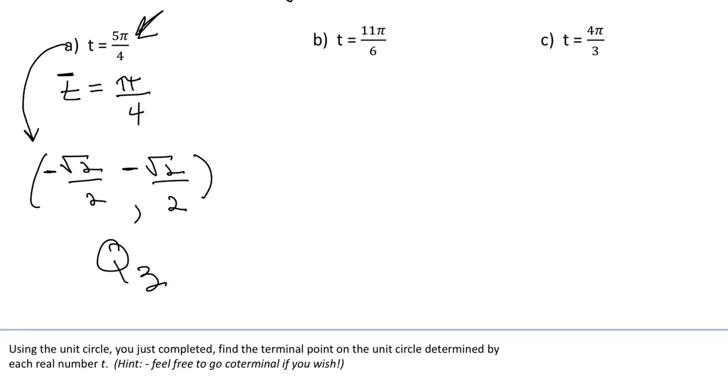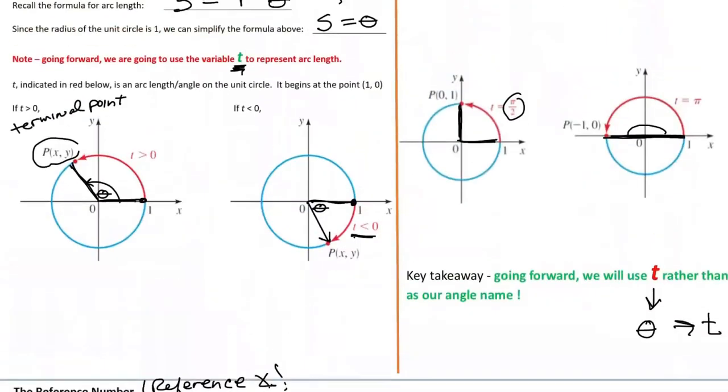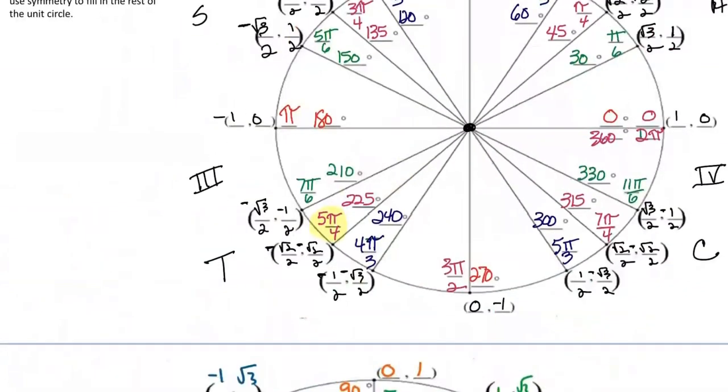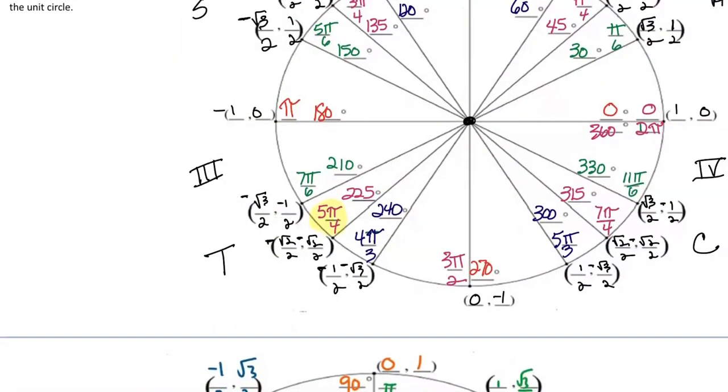Okay, if your actual angle for B is 11 pi over 6, then your reference angle is the angle that relates to that in the first quadrant, which is pi over 6. Let's go find the reference angle because I need to figure out a whole bunch of things. So coming back here, 11 pi over 6, here is my angle.